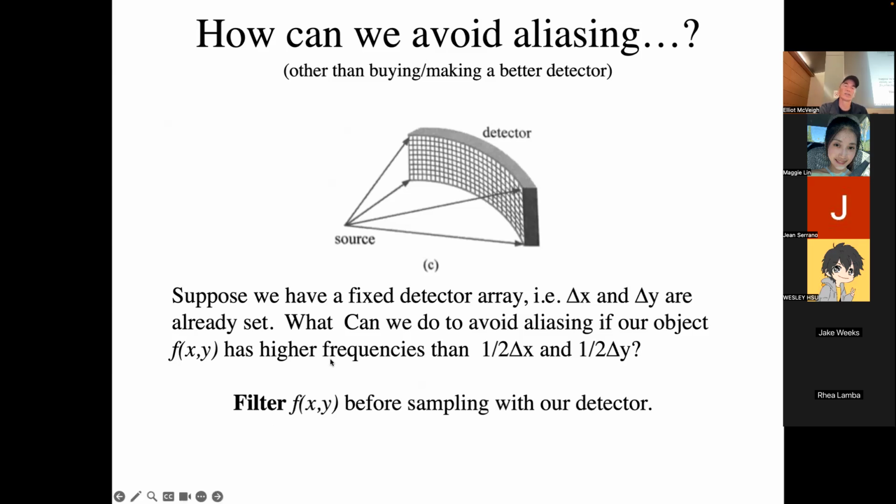And one thing you can do is, if you have that continuous image, you can filter it, right? And you filter out the high frequencies before it hits your detector. And that way you will avoid aliasing, right? The issue is you get a blurry picture, but it's matched to your sampling rate, yeah?